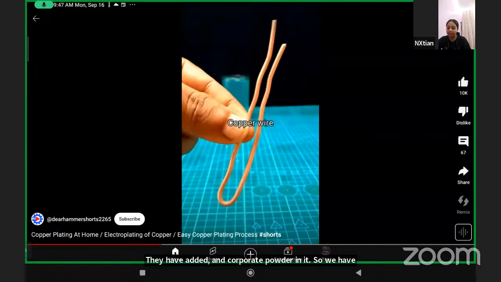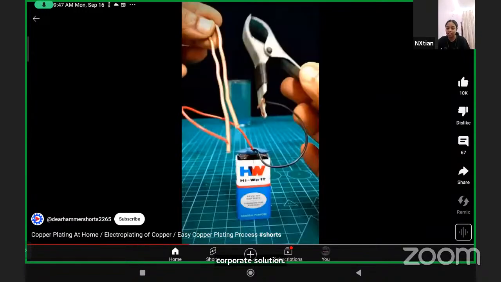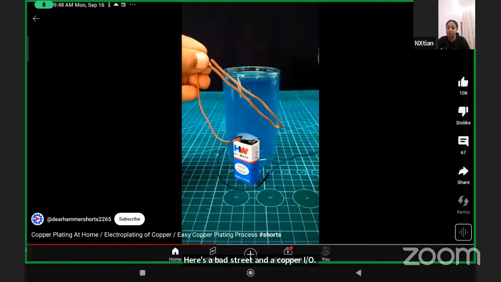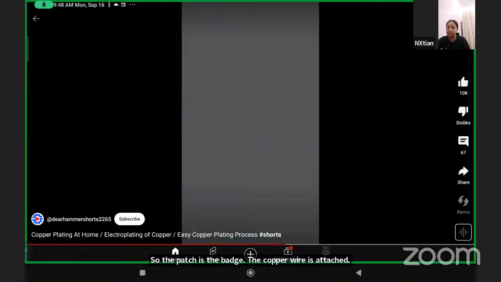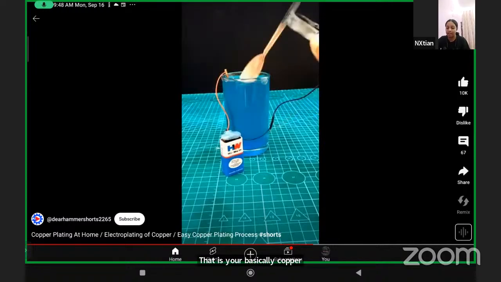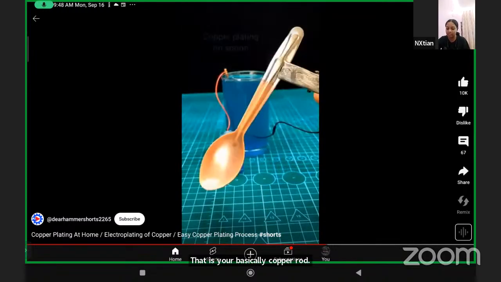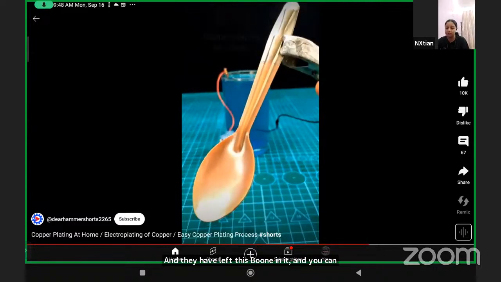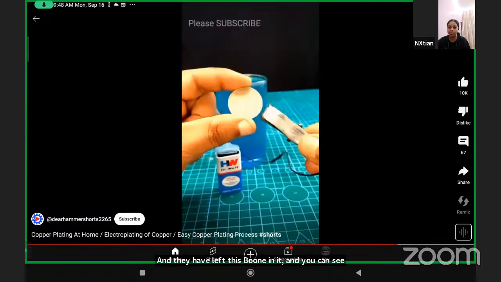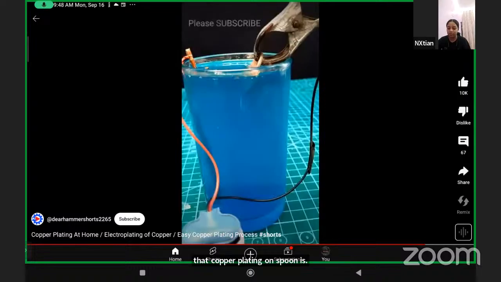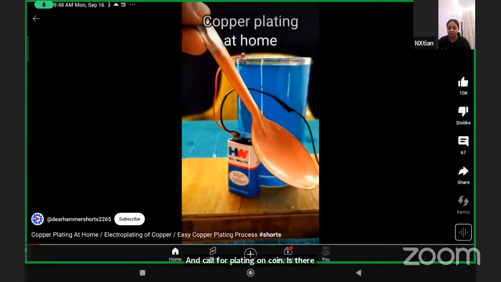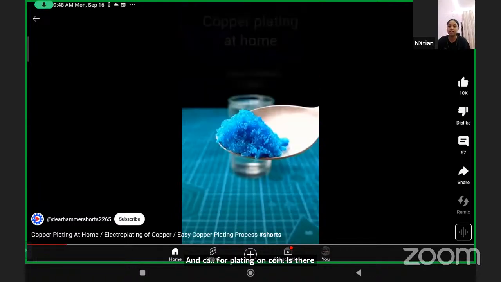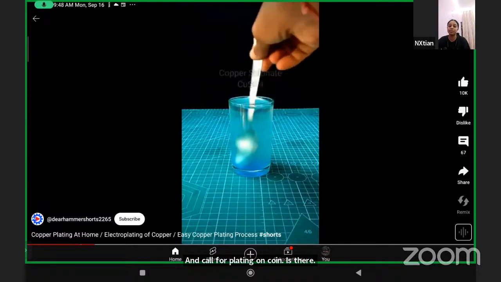Here's a battery and a copper wire. The copper wire is attached, that is basically your copper rod, and they have left a spoon in it. You can see that copper plating on the spoon is there, and copper plating on the coin is there.